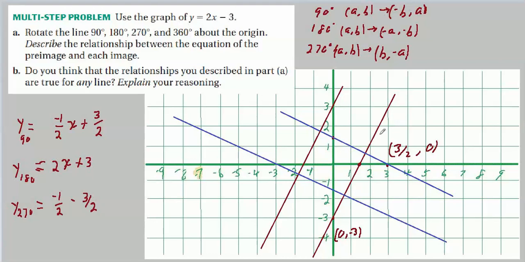Which makes sense because, as you know, 360 degrees in a circle is just the first full circle. When you get to 360 degrees, you're just right back where you started. And that's what happens with rotational transformations also. When you rotate something 360 degrees, you just end up with what you started with. So we get 2x minus 3.